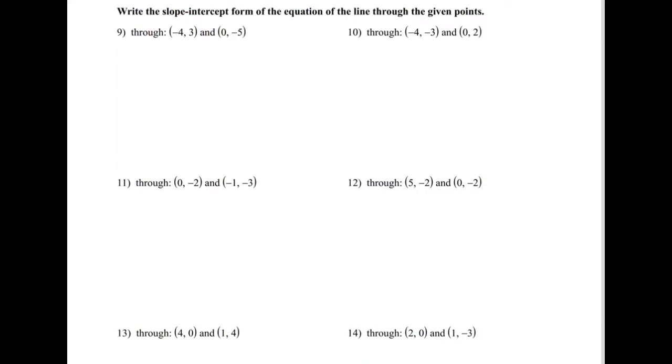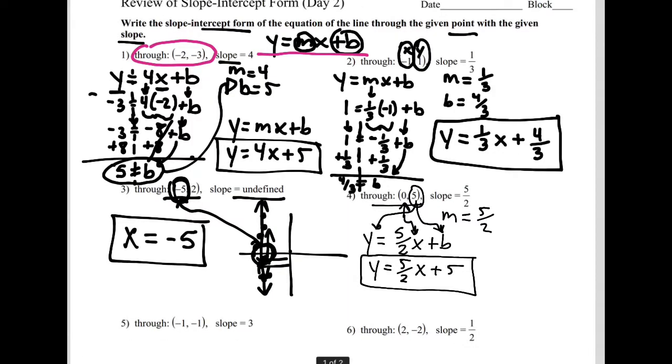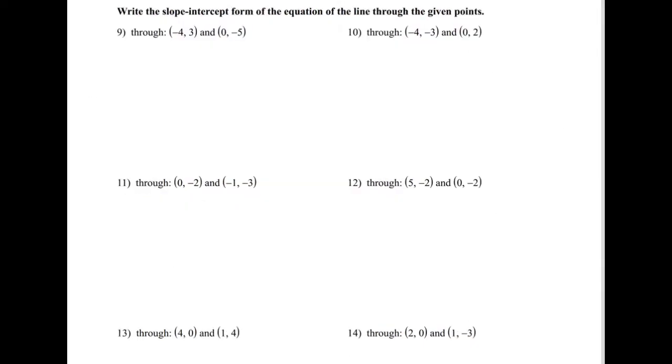So how is this section different? Well, this section is different because, one, it doesn't give you your m or your b. So you're going to actually have to find both. If we are able to find our slope, our m, then it'll turn into this kind of problem, where we have our slope and then we need to get our y-intercept.